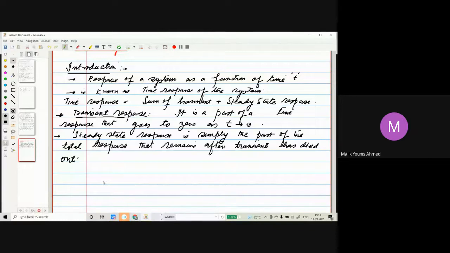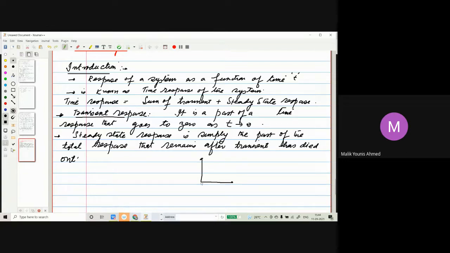In the first part, as the time progresses towards infinity, the response will go to zero, and that response is called the transient response. Once the transient part dies out completely, the part of the response which remains is the steady state.